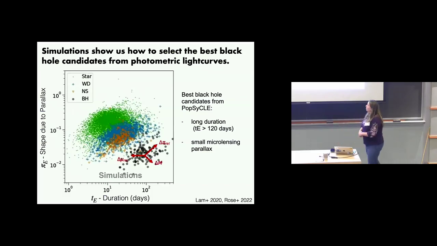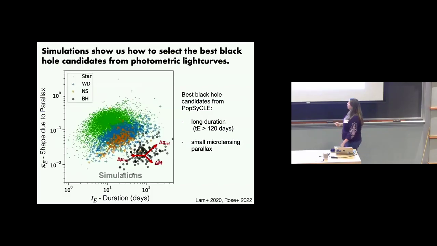After we did this work, we realized that the duration was not the only thing we wanted to look at. Peter showed this figure yesterday, which has the duration on the horizontal axis, and the microlensing parallax, which is basically the shape of your light curve, the asymmetry of it. You can see everything separates really nicely in this space. The black holes are down on the lower right in our mock catalog. And I wanted to show you the physical direction things move in this space when you change something in the simulation.